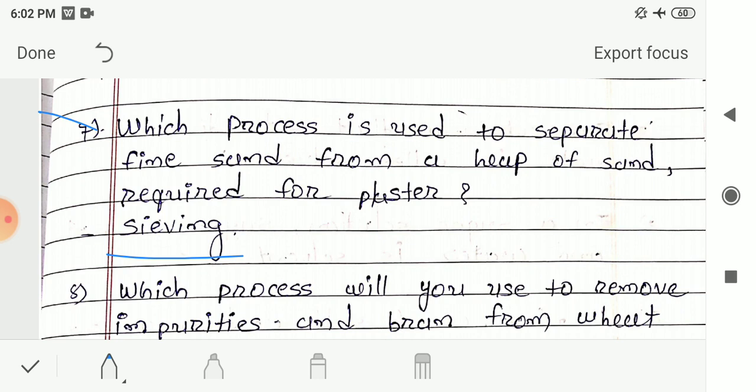So to remove all these bigger size components from the thin sand particles which are required for the plaster, we are using the sieving process at the construction site.